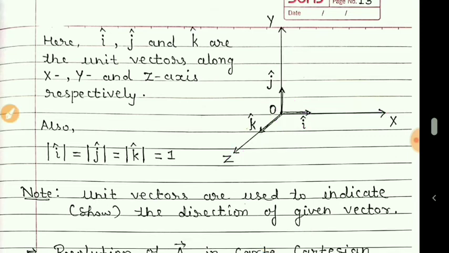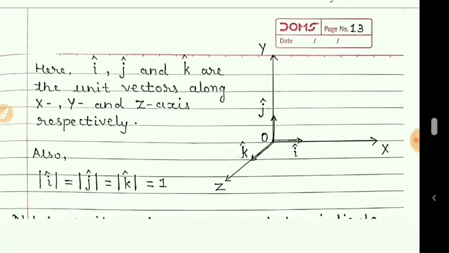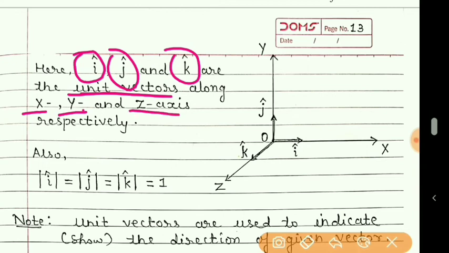Now I cap, you can see here I cap. This I cap, j cap and this k cap are nothing but the unit vectors along x, y and z axis. Means whenever there is an I cap, definitely that represents x axis. If it is j cap, then that vector will definitely represent y axis.